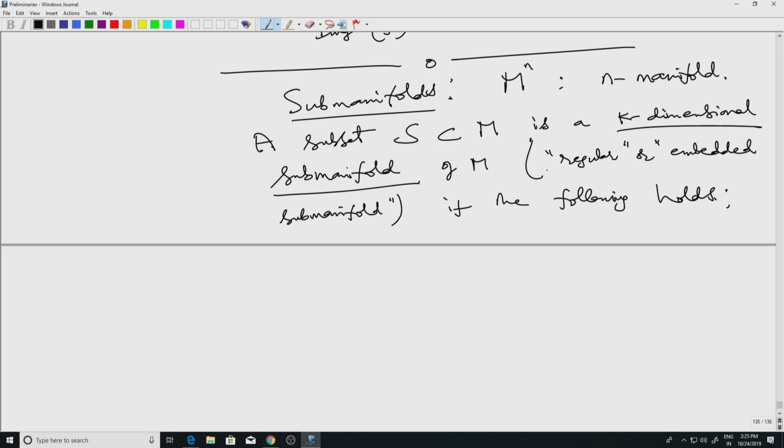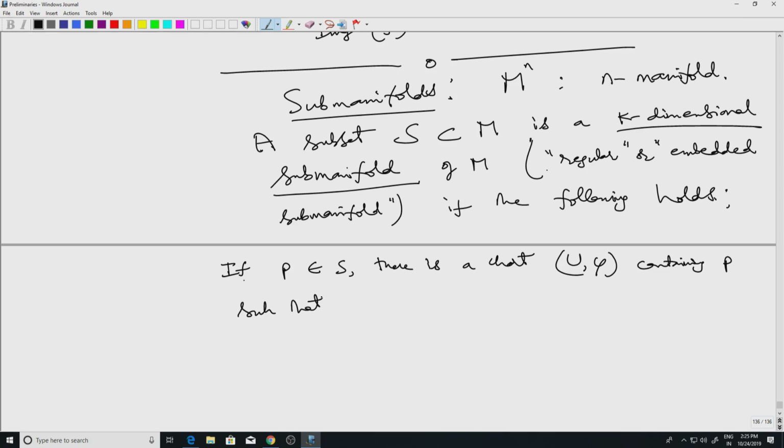So let's phrase it like this. If the following holds: if P belongs to S, there is a chart (U, phi) containing P such that phi of U is an open subset of Rk.